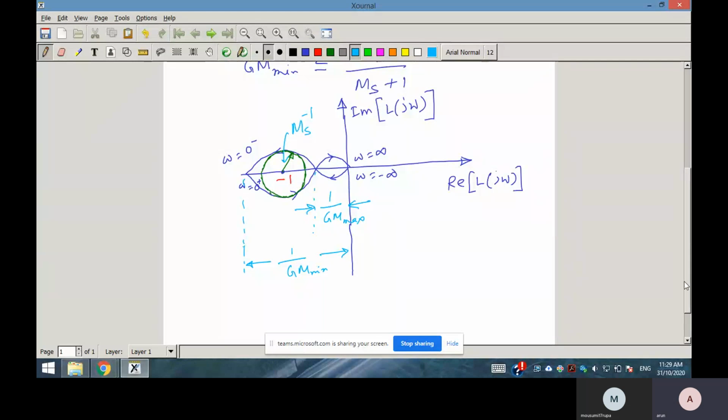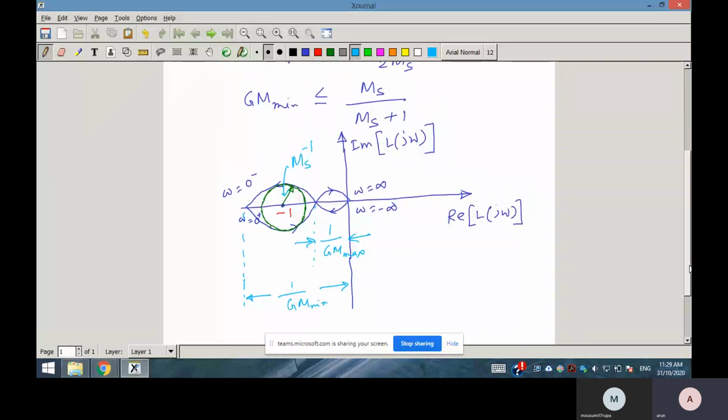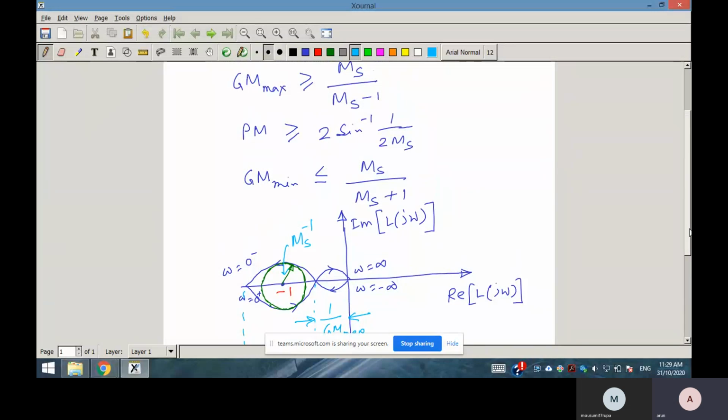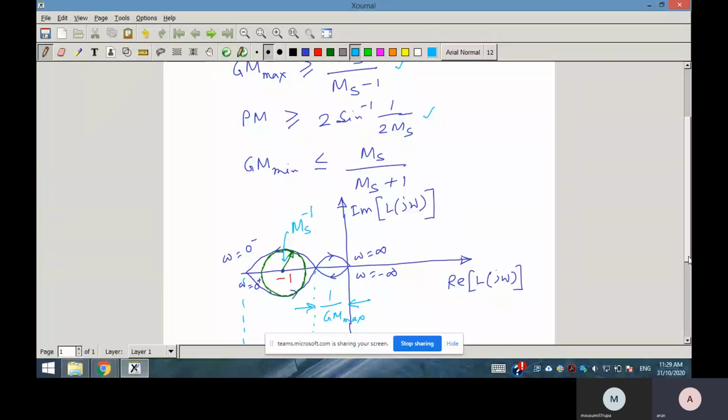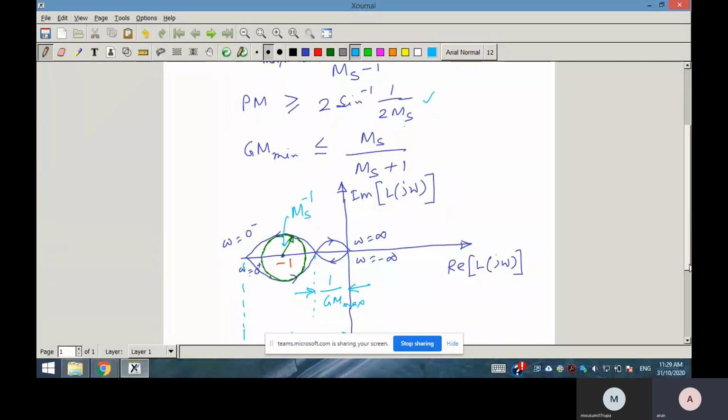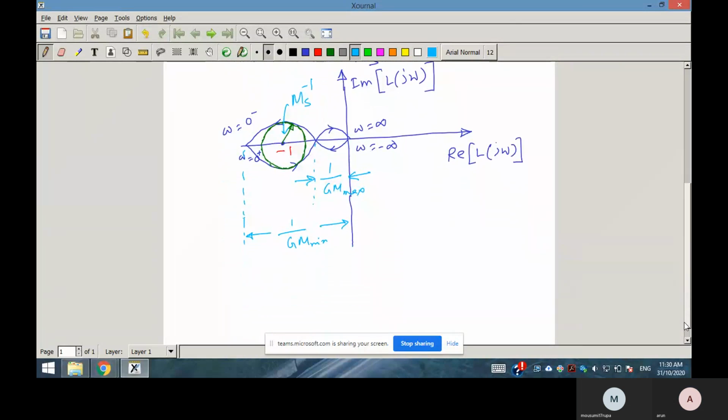So from the above figure, this inequality and this inequality we have already proved in the last class. Now the inequality of GM min I will prove.